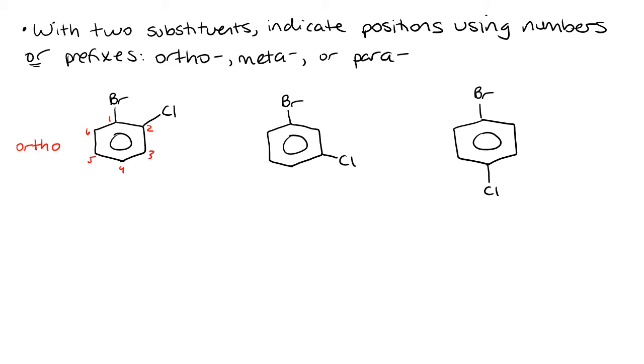So we can either write the name of this compound as 1-bromo, 2-chlorobenzene, or we can write it as o-bromochlorobenzene.